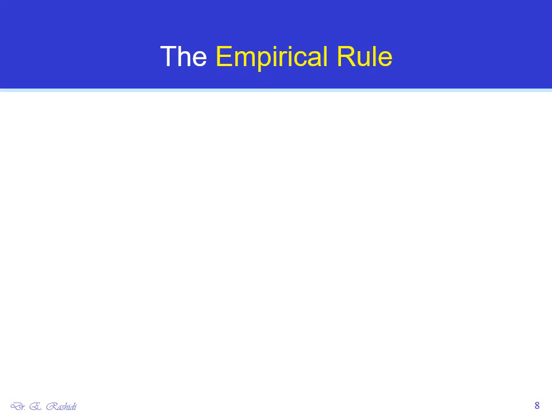The empirical rule applies to bell-shaped distribution data. If your data approximately follow a bell-shaped distribution, something like this, it's called bell-shaped because you can actually imagine it is part of a bell like this.